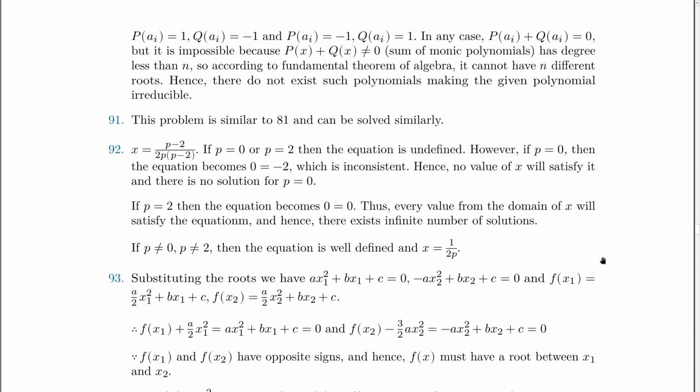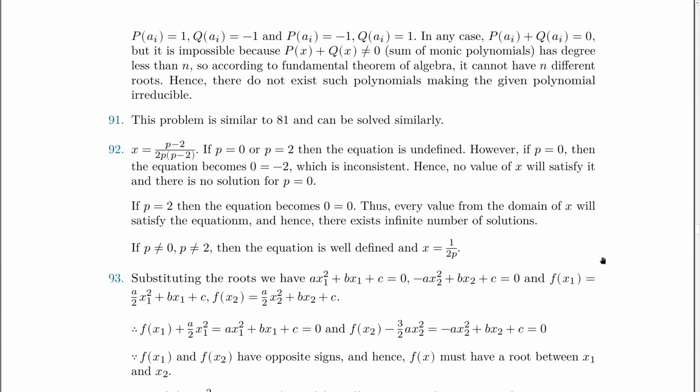So we are given two equations and two roots of those. We substitute and the equations become a x1 square plus bx1 plus c is equal to 0 and minus a x2 square plus bx2 plus c is equal to 0. And f of x1 is (a by 2) x1 square plus bx1 plus c, and f of x2 is equal to (a by 2) x2 square plus bx2 plus c.